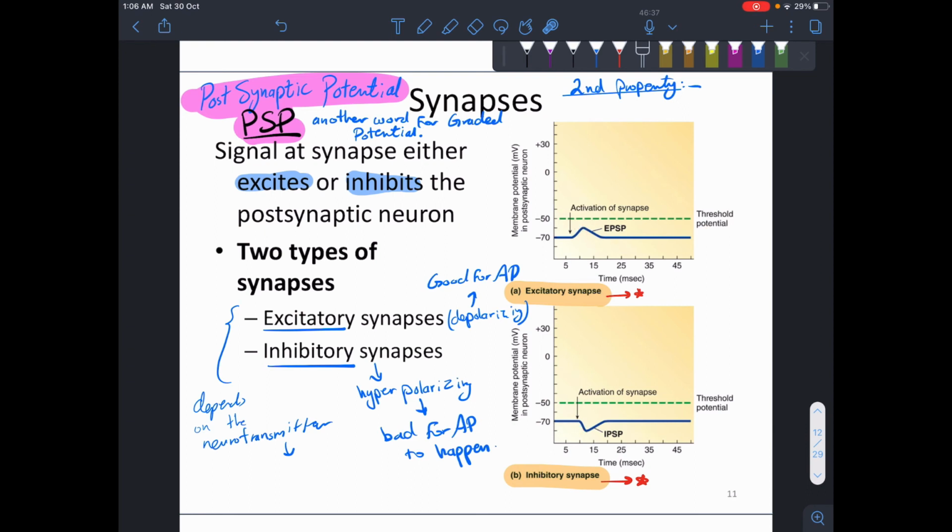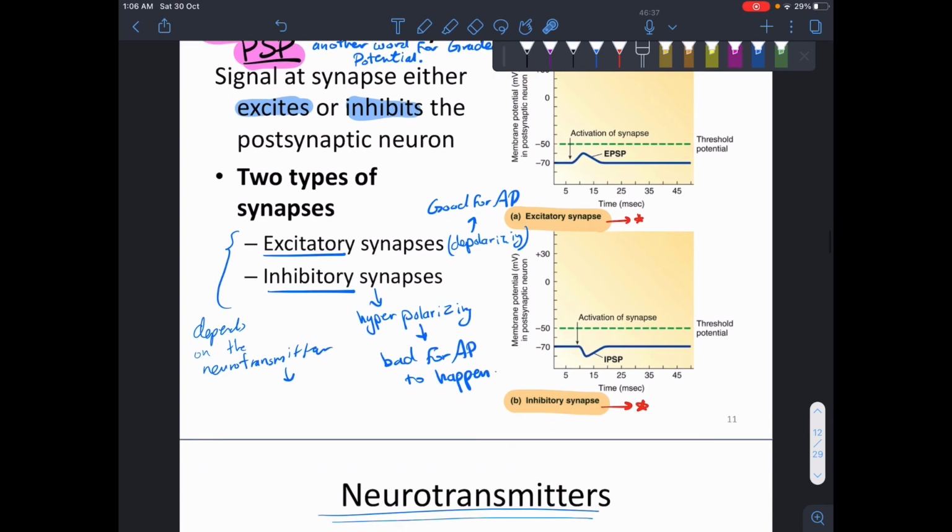But here it's like I'm hyperpolarizing because I'm increasing the negativity. I'm hyperpolarizing, so it's going further away from the threshold. It's an inhibitory synapse. So the excitatory synapse is actually depolarizing, good for generating the action potential.